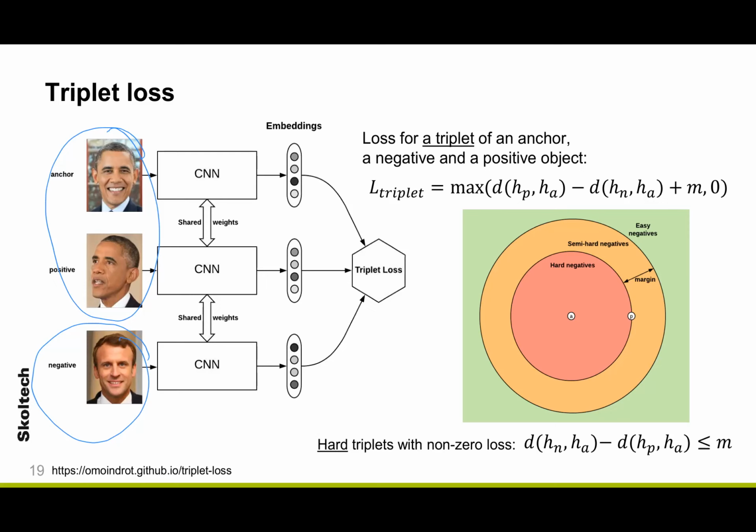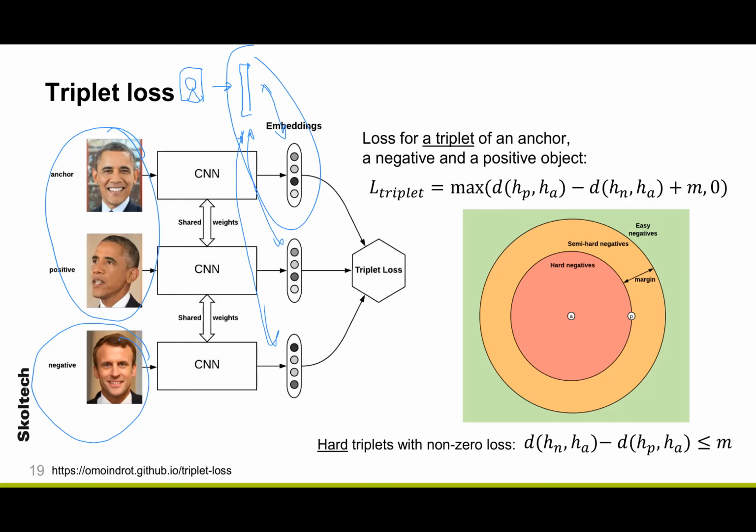In this case, if a new image comes, we construct a representation of this new image and find the closest image to it. If the closest distance is to Barack Obama, that's definitely Barack Obama, or if it's closer to Macron, it's Macron, and so on.